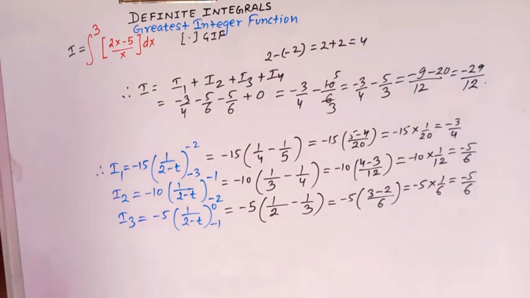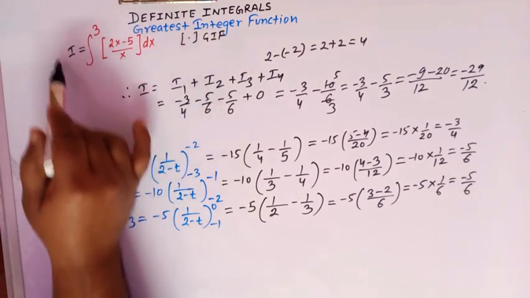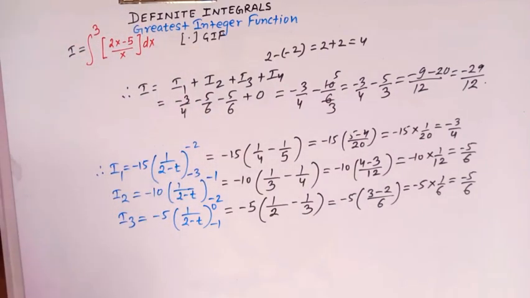So the value of the given integral is minus 29 over 12, and this is how we solve this integral which involves the greatest integer function.